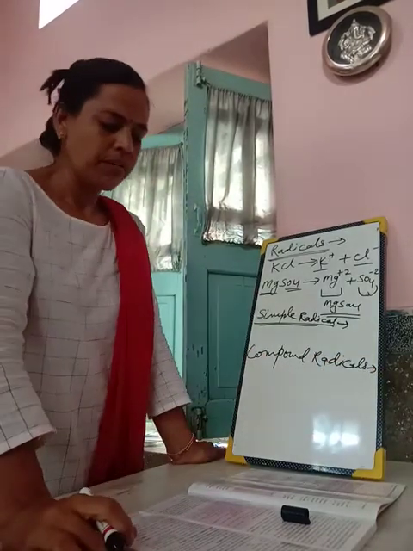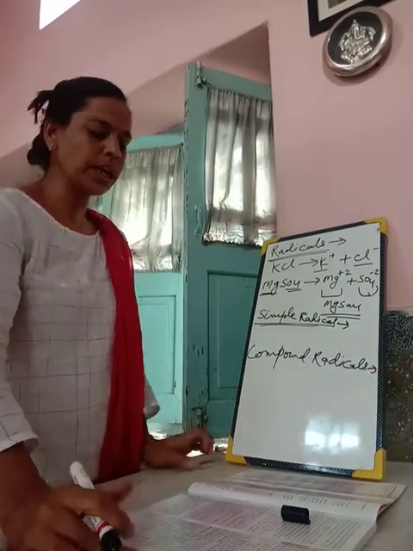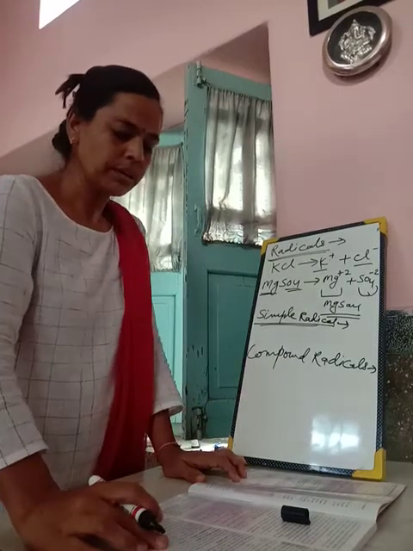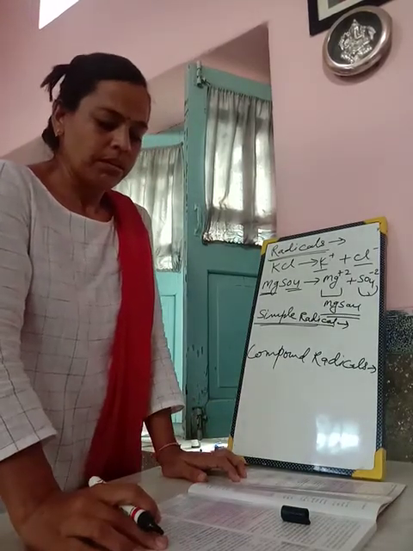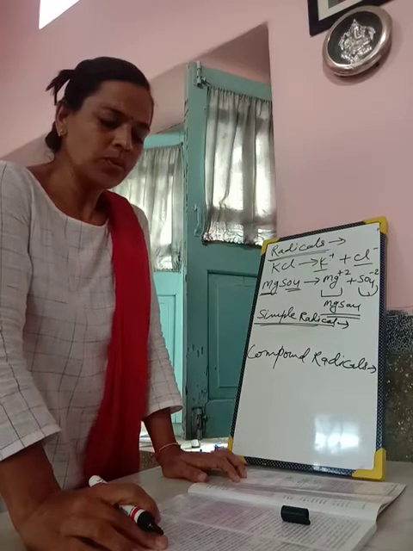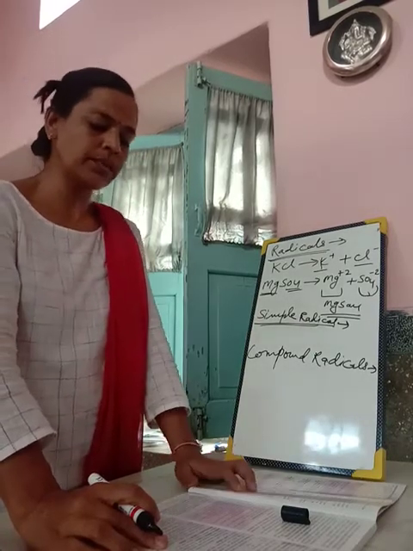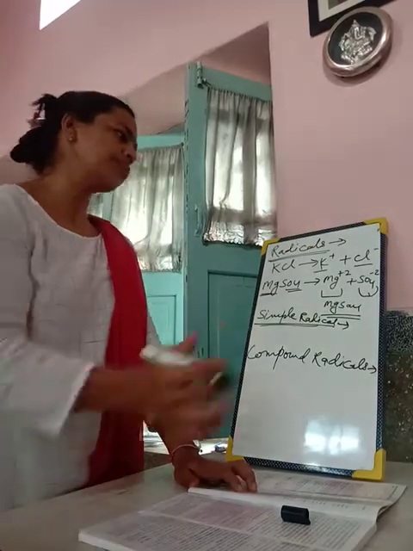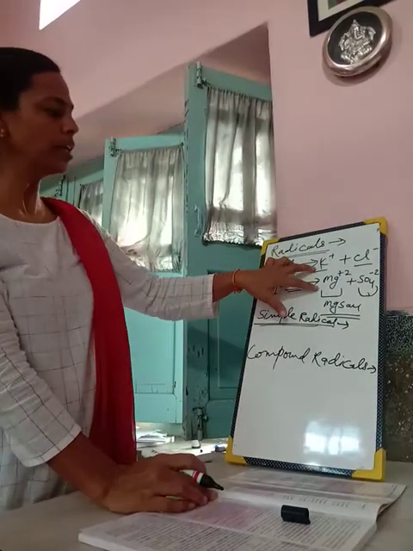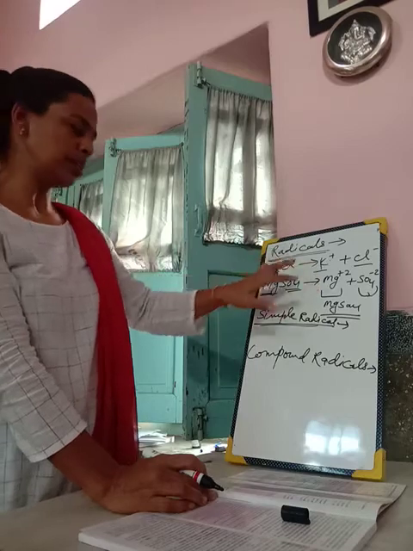A radical is called a simple radical when it is an atom of only one kind, like sodium +1, magnesium +2, and calcium +1. They do not have any other atom in them.